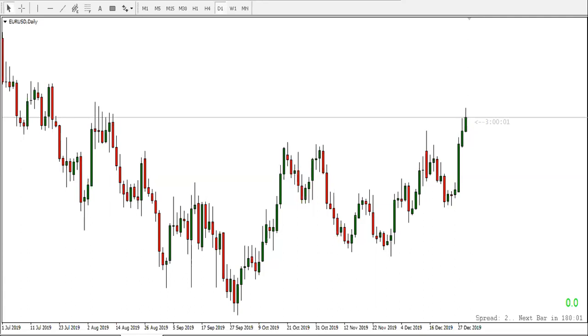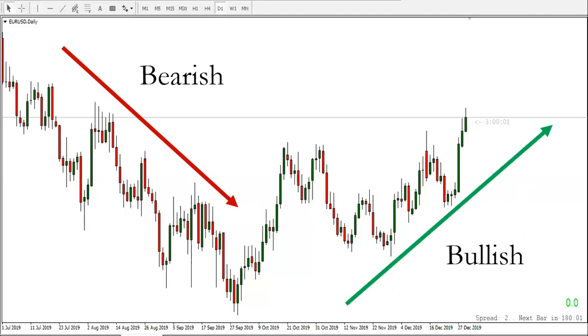All right. And if we move on further to where it turns, this is an indication for us, when we see a lot more green candles, that the market has been rising. This is also known as bullish. All right. I hope this is a lot clearer when we see it like this.